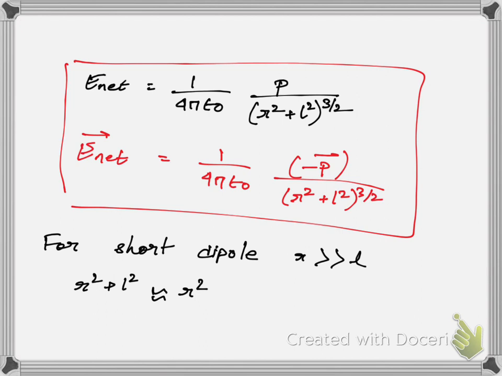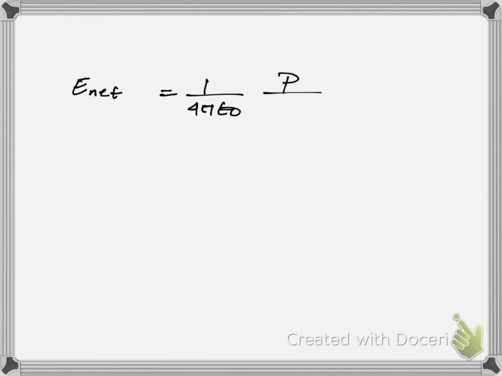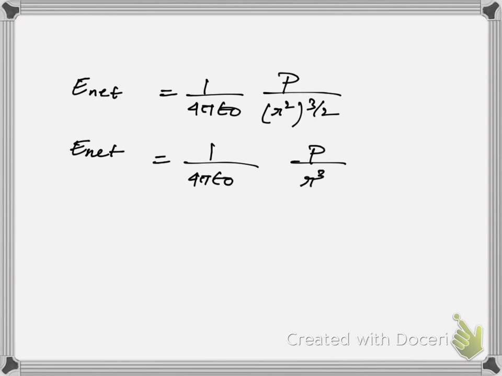So substituting this condition in the expression, E net is equal to 1 by 4 pi epsilon naught, P by r square plus L square, r square plus L square being equal to r square only, to the power 3 by 2. So for a short dipole, the value of intensity of electric field at broadside position is P by r cube.